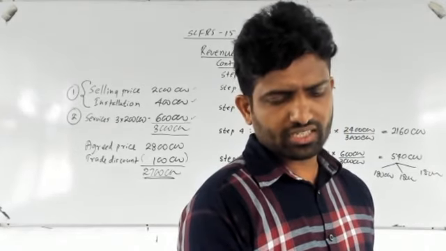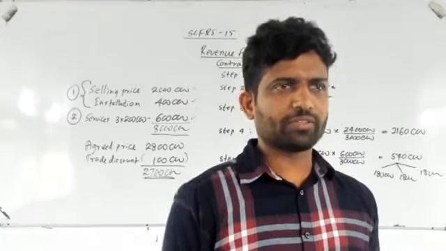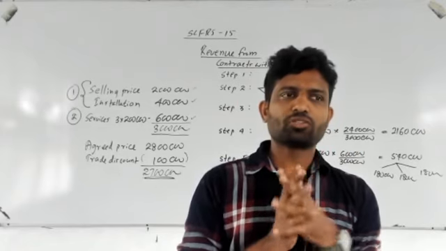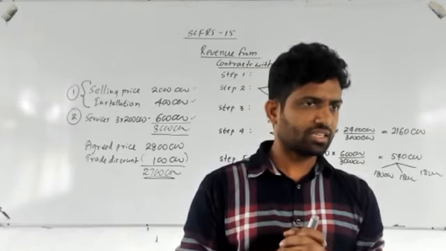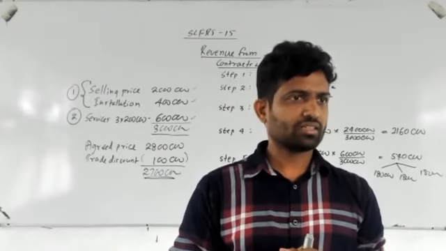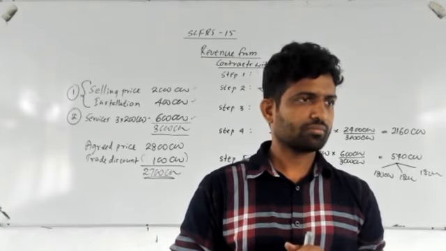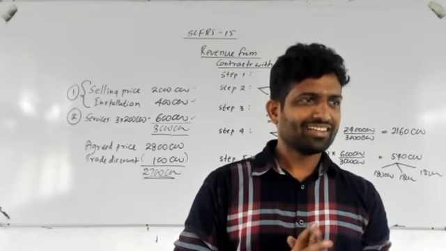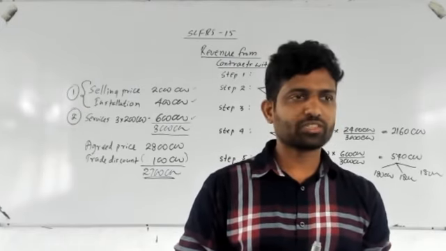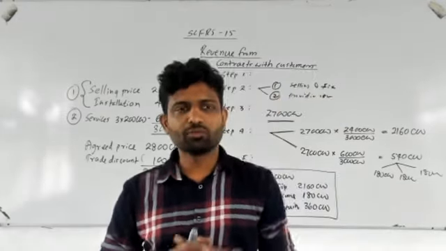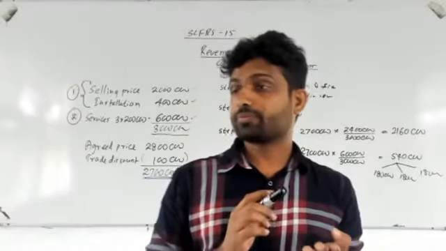One more small thing about recognition of revenue: recognize the revenue when the performance obligation is satisfied. How can we say the performance obligation is satisfied? There are some conditions.